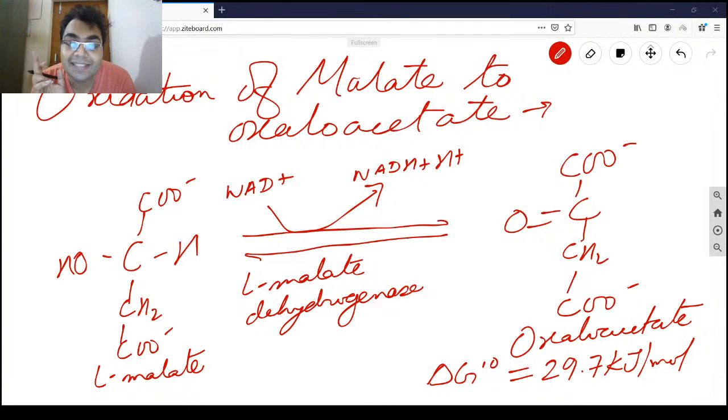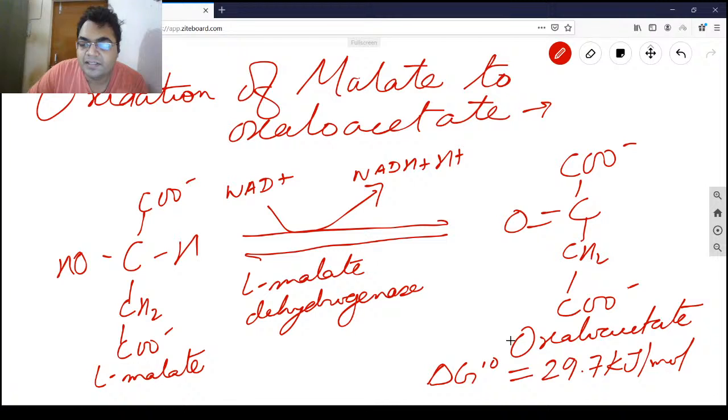But in intact cells, the oxaloacetate produced is continually removed by the highly exergonic citrate synthase reaction, which is step 1 of the Krebs cycle. This keeps the concentration of oxaloacetate in the cell extremely low, below 10 to the power minus 6 molar.